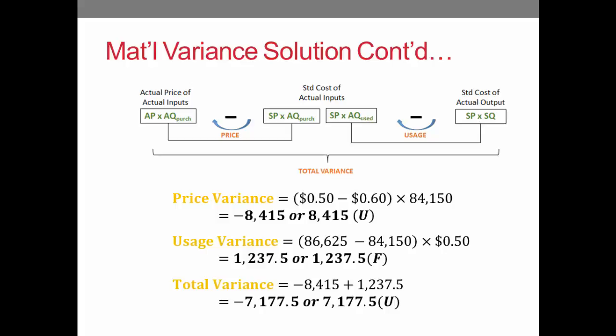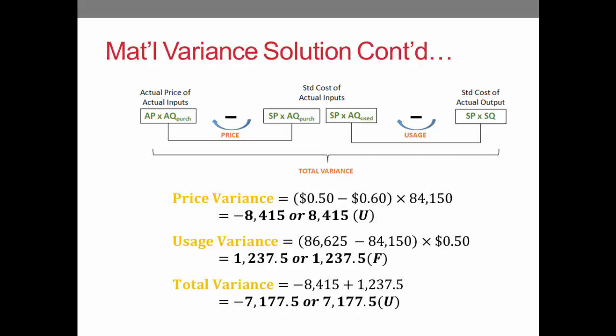So one more time, for the price variance, we are keeping this actual quantity, the 84,150, constant. We're taking the standard price, 0.5, subtracting 0.6, multiplying by our constant actual quantity purchased, and that gives us a negative, or an unfavorable, amount, 8,415.